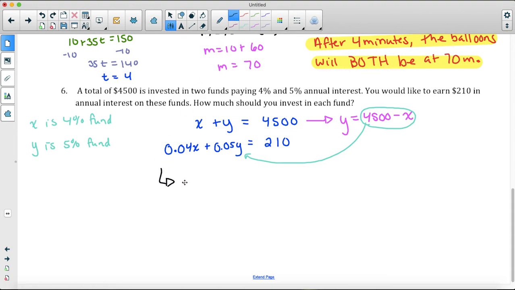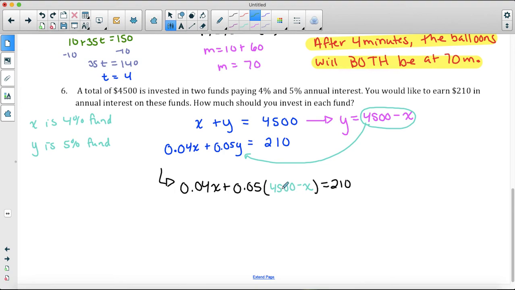Now I'll have 0.04x plus 0.05 times the 4,500 minus x is equal to 210.